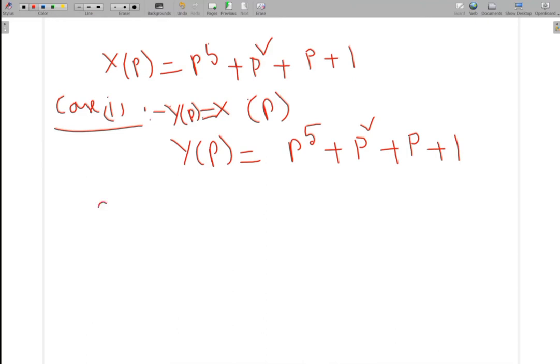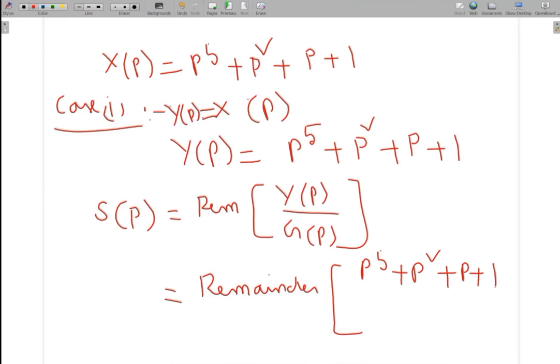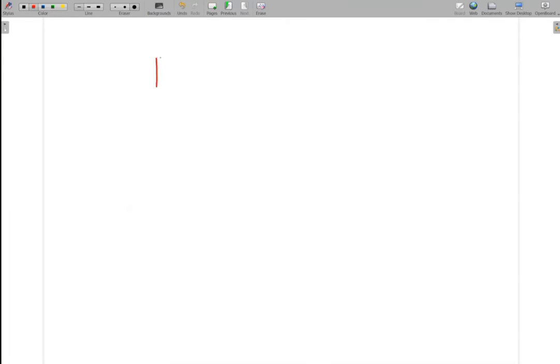Okay. Find out the syndrome polynomial. Check: if syndrome polynomial is 0, that means X of P is equal to Y of P. Remainder of Y of P by G of P. Y of P is P power 5 plus P square plus P plus 1, divided by G of P, which is P cube plus P plus 1.